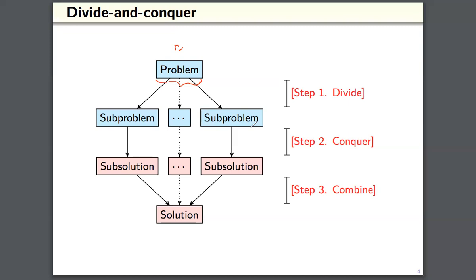Often many textbooks combine decrease and conquer and divide and conquer. But as I initially said, Anany Levitin has created this very beautiful taxonomy, and he divides these techniques into decrease and conquer and divide and conquer.